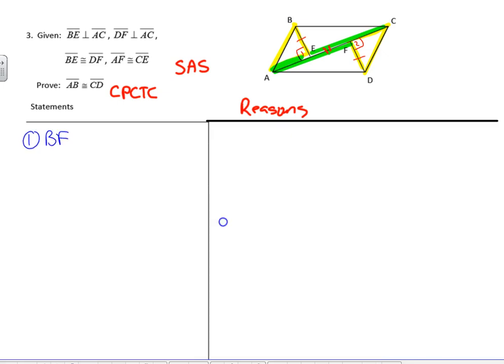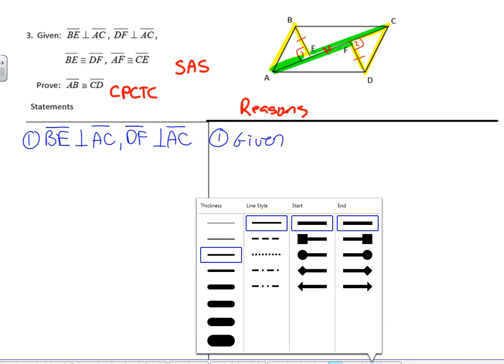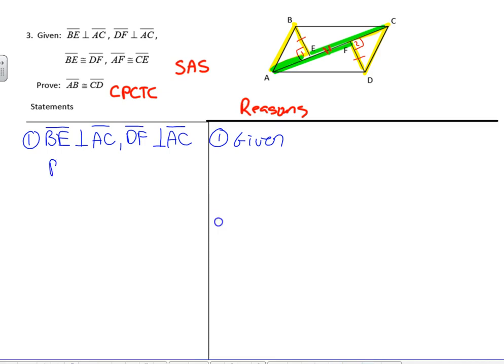Okay, so BE is perpendicular to AC. DF is perpendicular to AC. All right, given, and I'll bring the other givens in as well. Okay, so BE, actually let me only bring one of the other givens in right now, and I'll bring BE is congruent to DF.